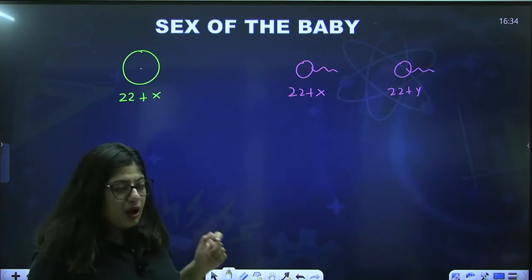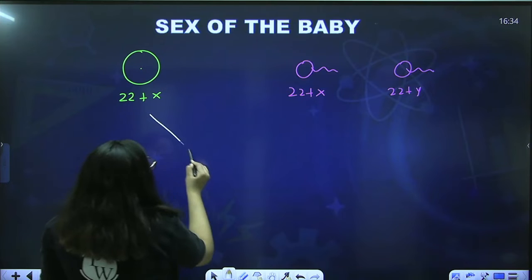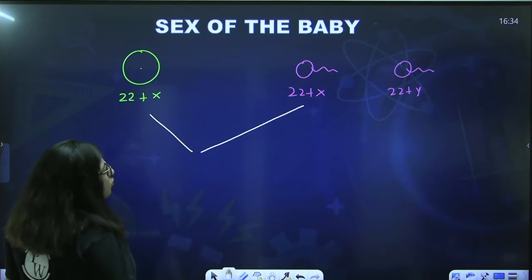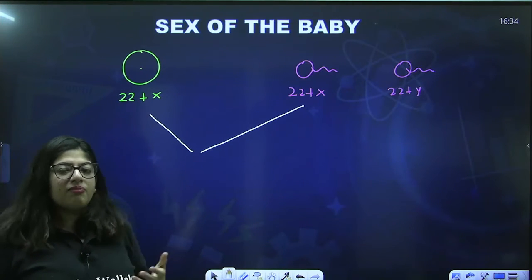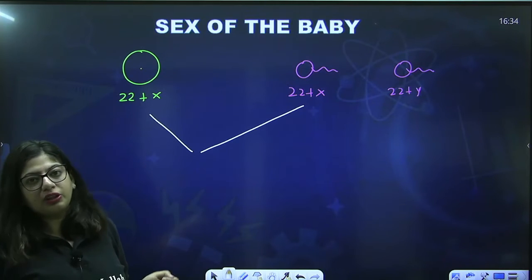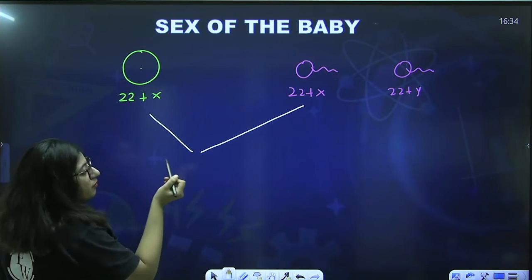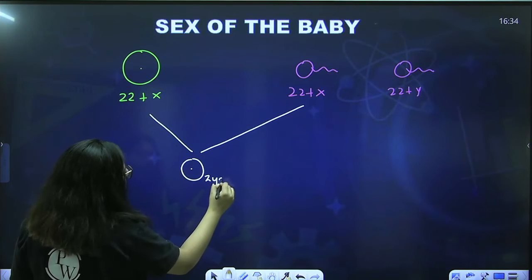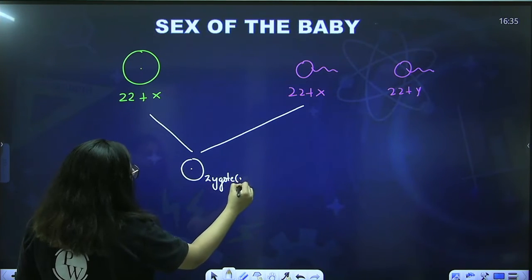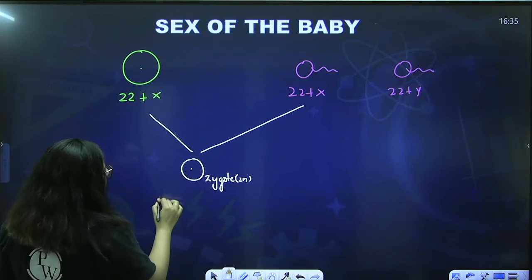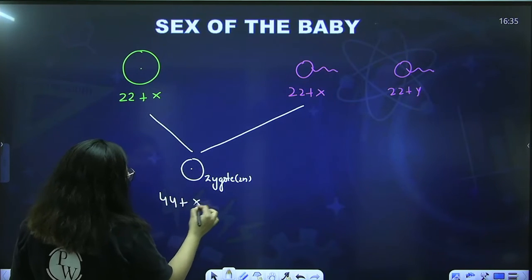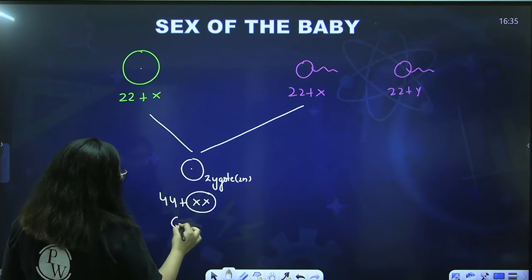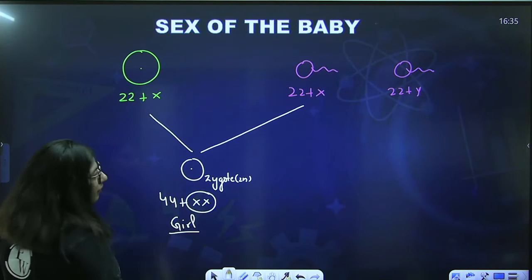Now there is a probability that the sperm with the X chromosome fuses with the ovum. Then what will the baby be? The zygote formed by the fusion of these two gametes will be 44 plus XX, and XX tells us that this will be a girl child, right?